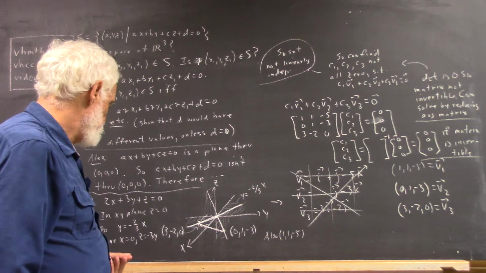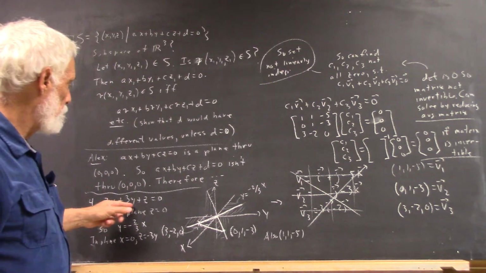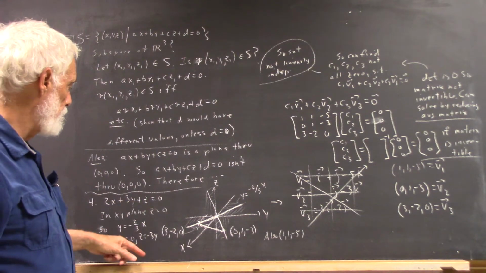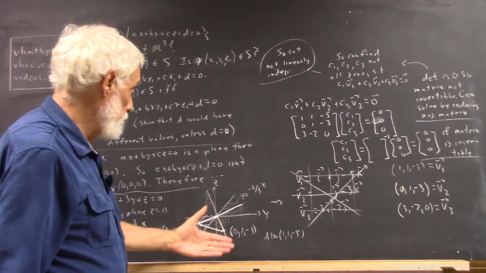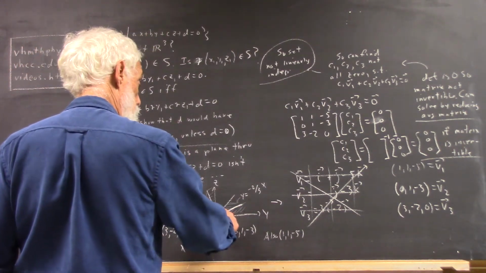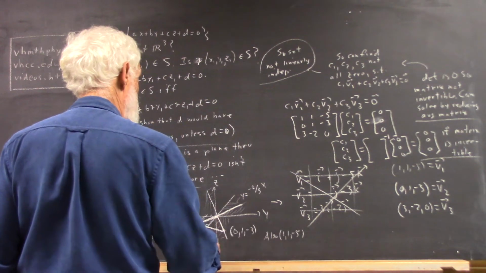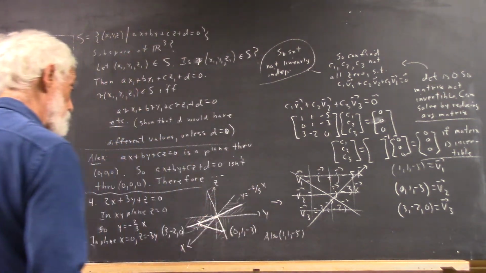Then, if x is 0, then what do we have? We have 3y plus z equals 0, so z equals negative 3y. So in the yz plane, we have a line here with slope negative 3 through the origin. This is a line with slope negative 2/3 in x and y through the origin.